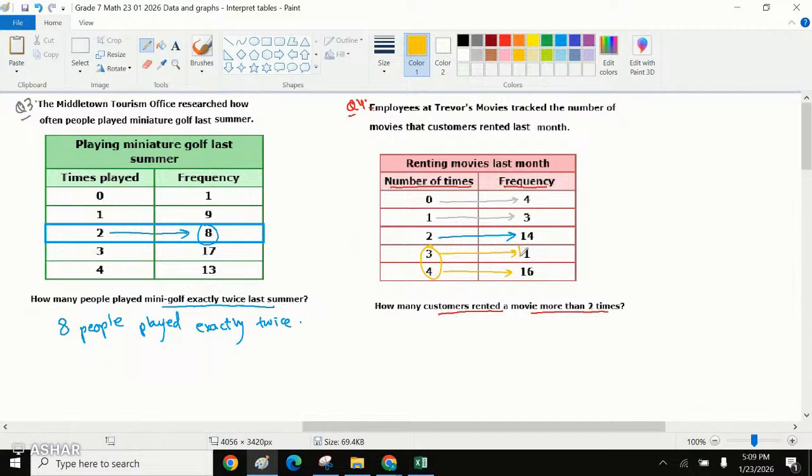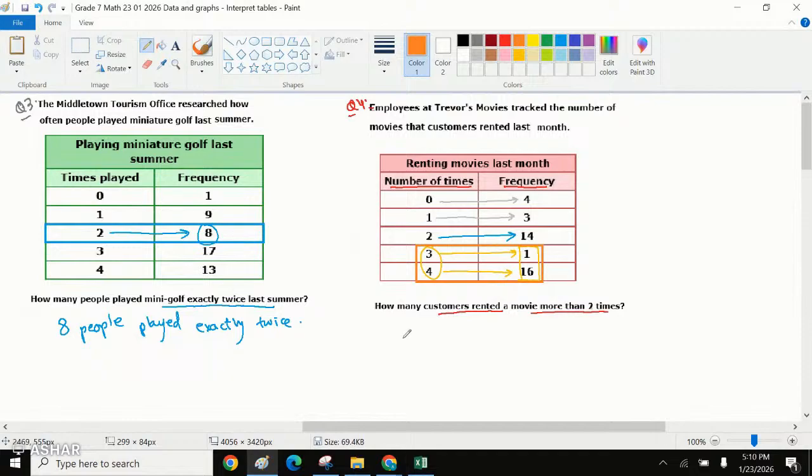So we look at the frequencies over here. More than 2 means 3 times or 4 times, and the frequency for 3 times was 1, and the frequency for 4 times was 16.